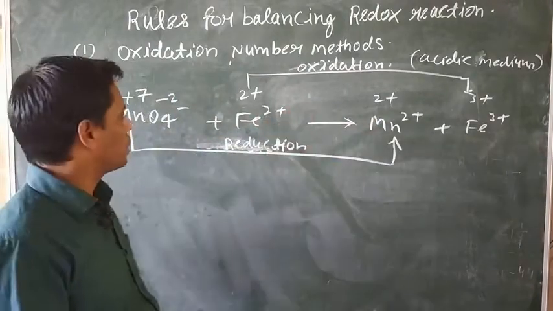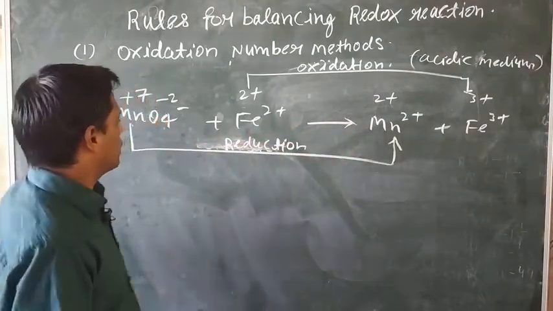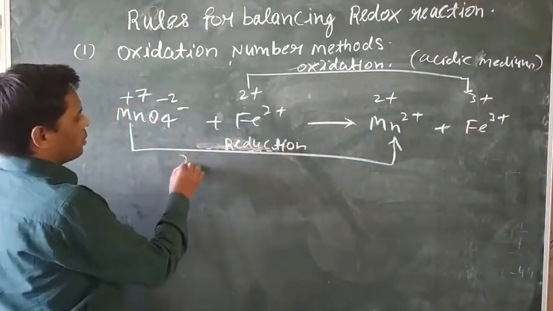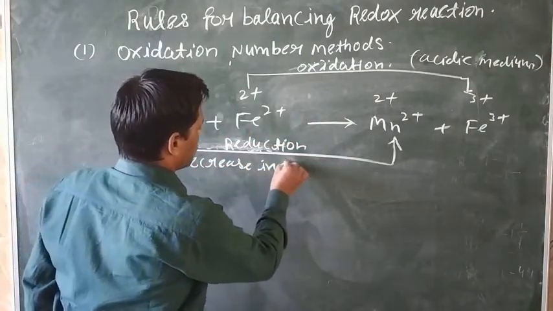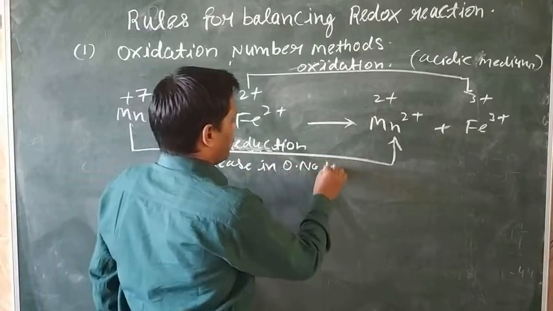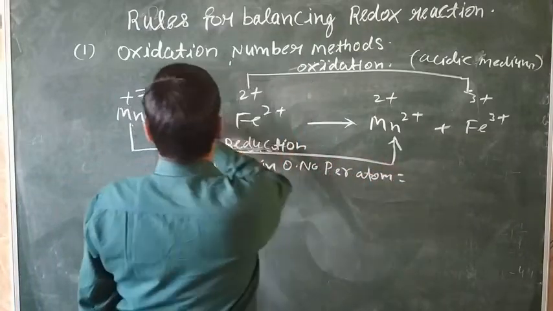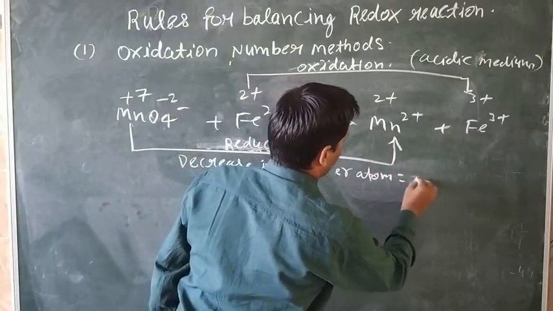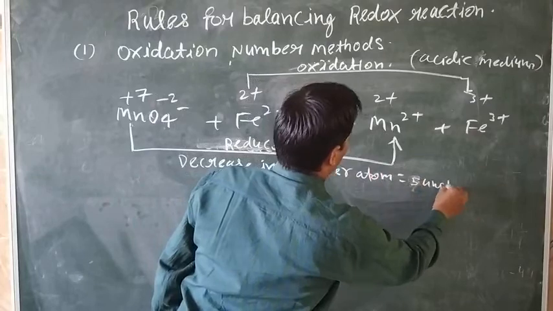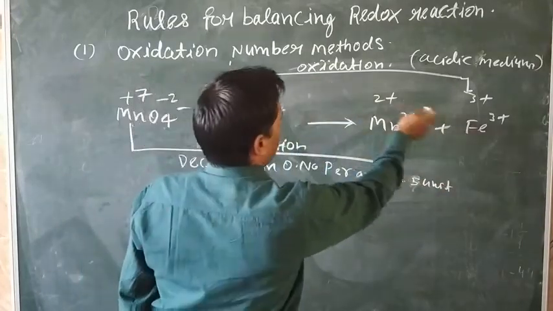Manganese has 1 atom, and the decrease in oxidation number per atom is +7 to +2, equal to 5 units.